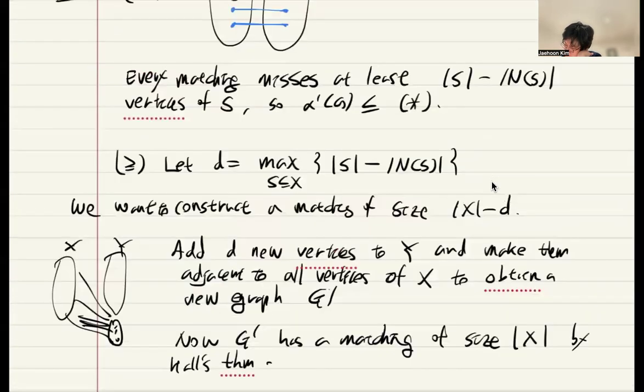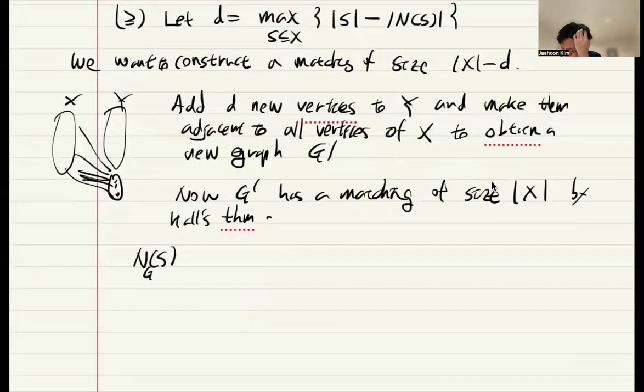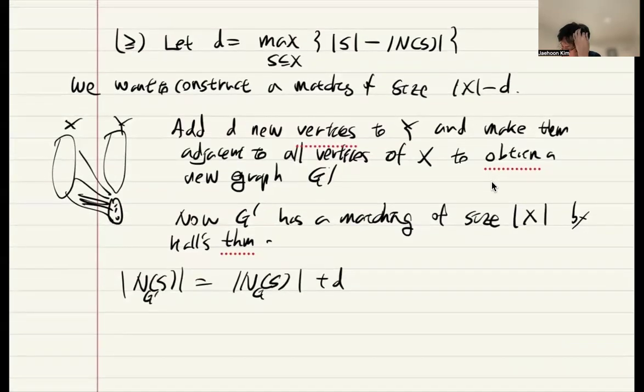Why? So this much was added. The neighborhood of S in G prime has size equal to the neighborhood of S in G plus D. And due to this, what do we get?